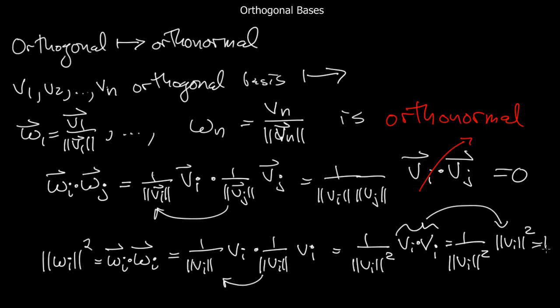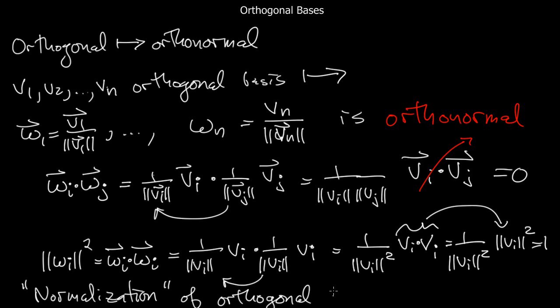And so they cancel and you get 1. So that's exactly the right scalar to have divided by to make Wi have length 1. This process is called normalization. It takes an orthogonal basis to an orthonormal basis. And in a lot of ways, an orthogonal basis is almost as good as an orthonormal basis.